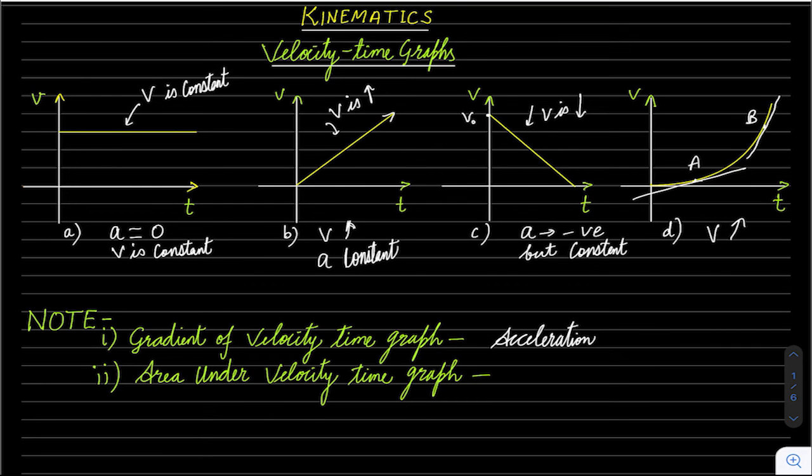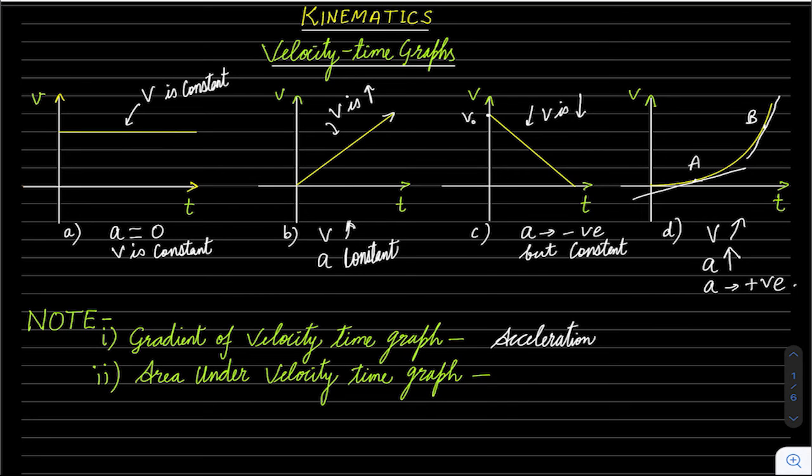What is happening in the D graph is that my acceleration is increasing, and at all the points my acceleration is positive also. And it's not constant in this case, as it was in the A, B, and C cases. Mostly in questions, you will not find this D part. This D part generally comes in 1 marker questions, if it comes. So mostly in questions, you will see either the A graph, B graph, or C graph.